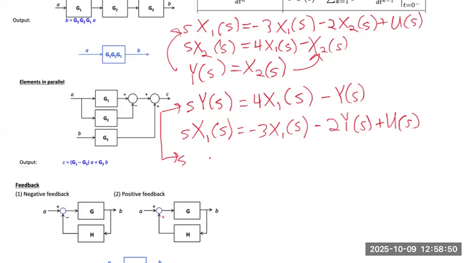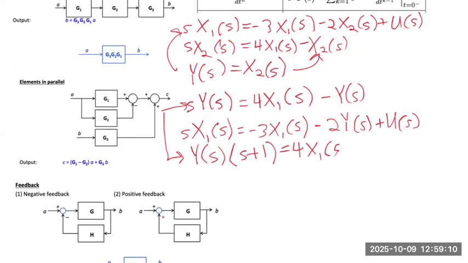Actually, wait, hold on. Let's factor out y(s) instead because that's actually what we want to do. So it's equal to y(s) times (s plus 1), and is equal to 4x1(s). Basically y(s) is equal to 4x1(s) over s plus 1.